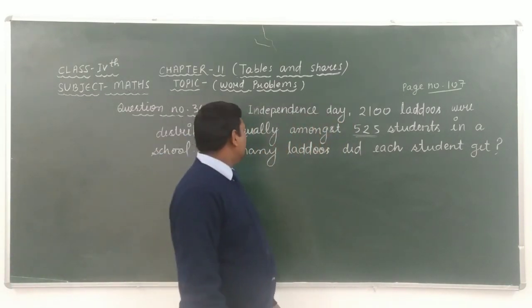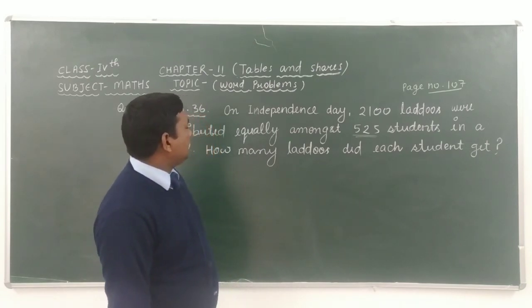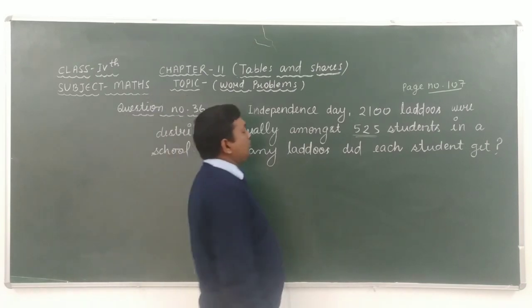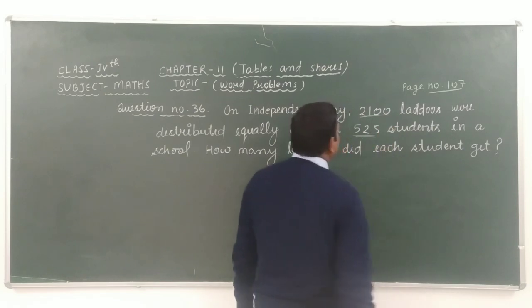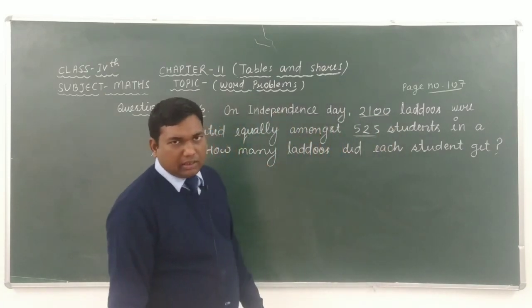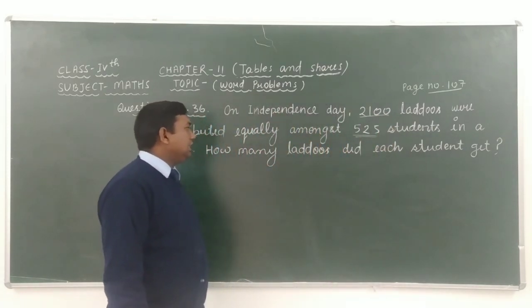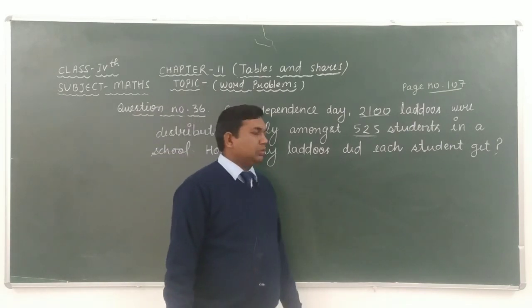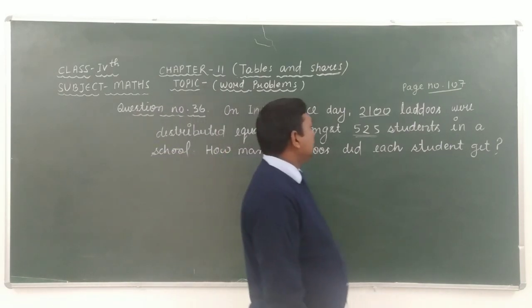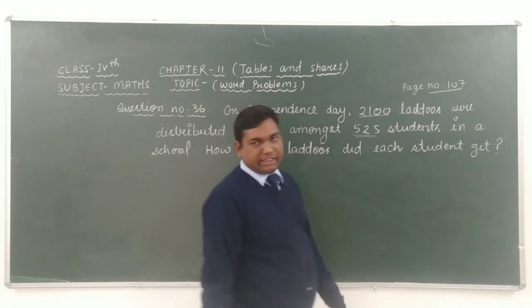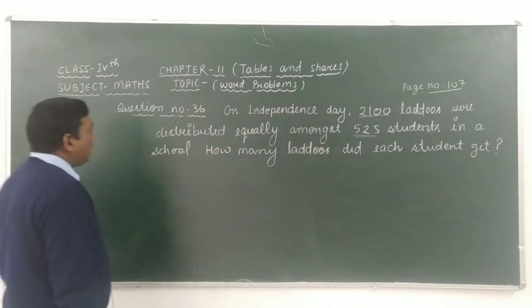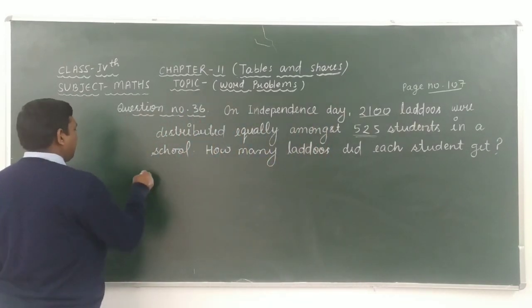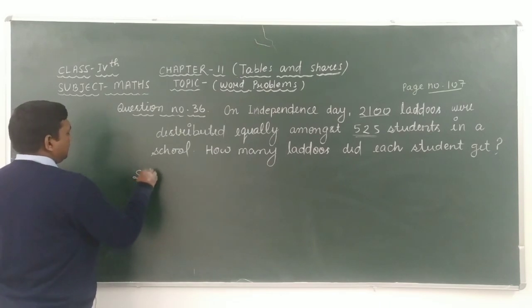Then we have to divide 2100 by 525 to find the number of laddus each student got. Understand? Now let's start the solution of question number 36.